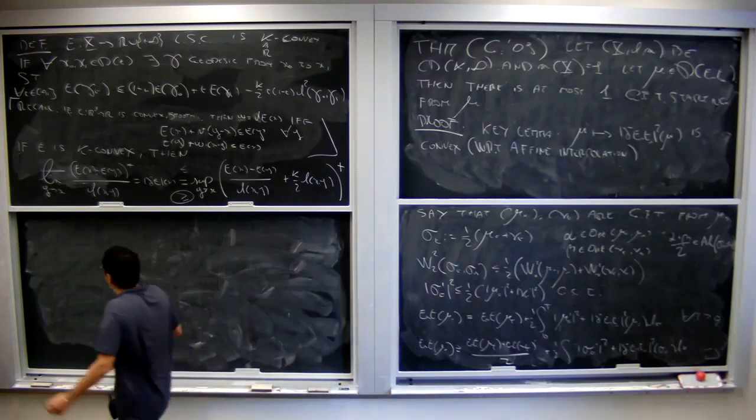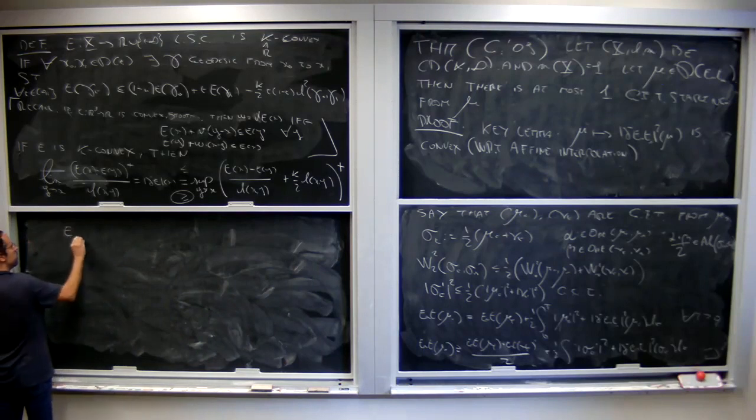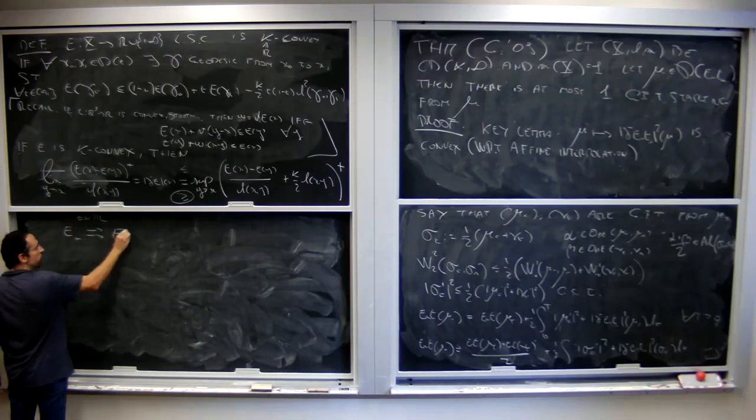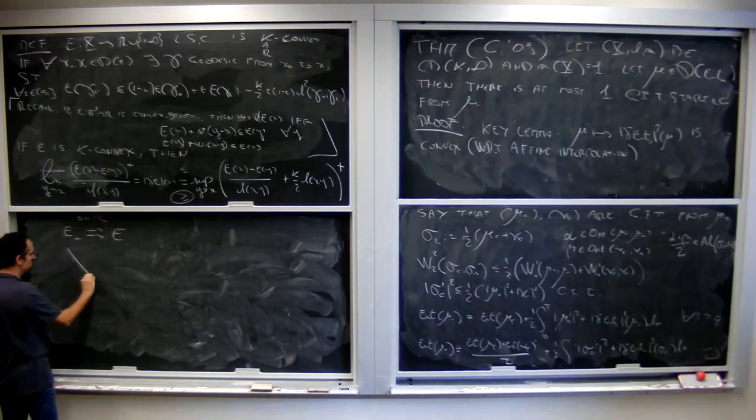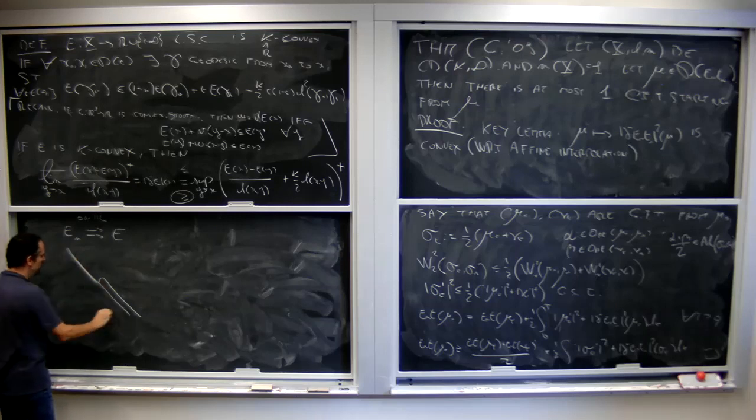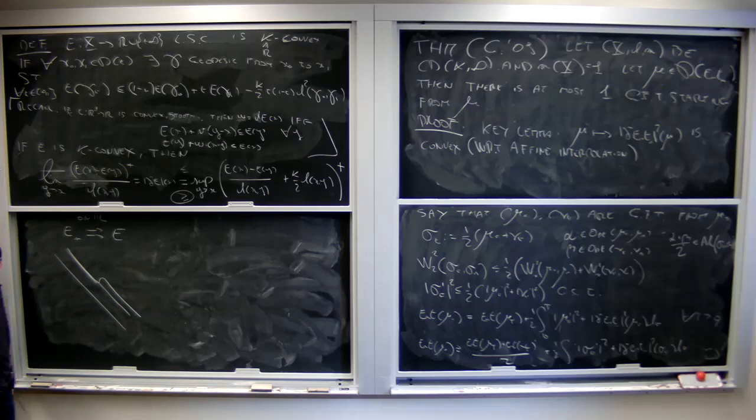So for instance, it's easy to build a sequence of functions, say on R, converging uniformly to a limit function, but for which gradient flows don't converge to the gradient flow of the limit. For instance, just take En like this with a little bump, smooth, but the bump is always smaller, and then the limit is just this guy.